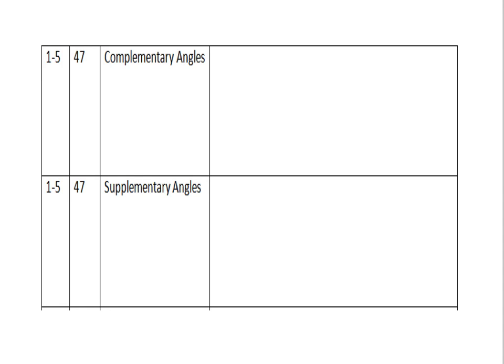Complementary angles. So back to that last page. We're back on page 5. Complementary angles are when angles add up to 90 degrees. So two angles whose measures add to 90 degrees.